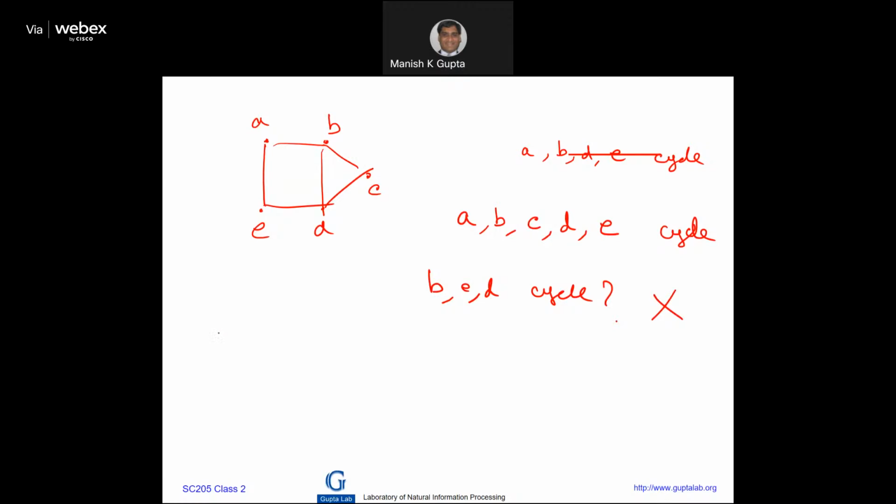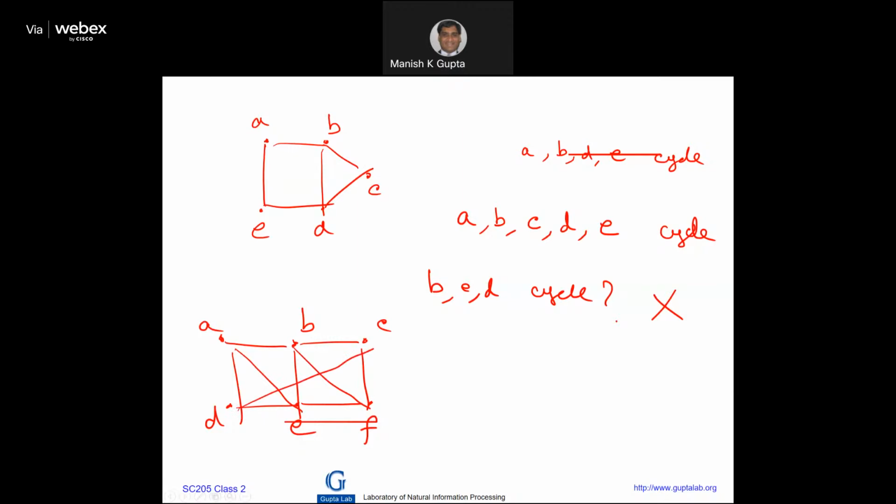Let us look at another example. A, B, C, D, E, F. So the graph is like this, and these are the edges.